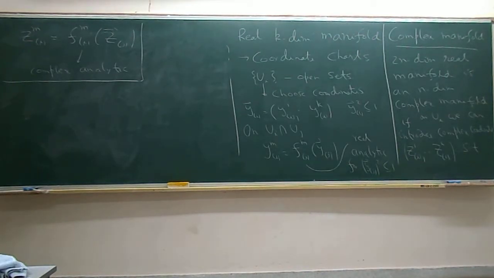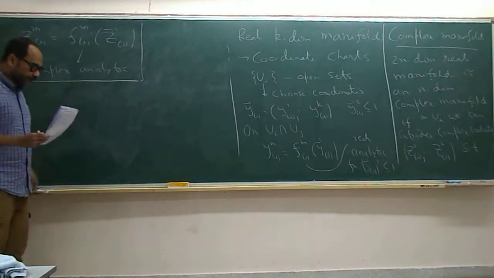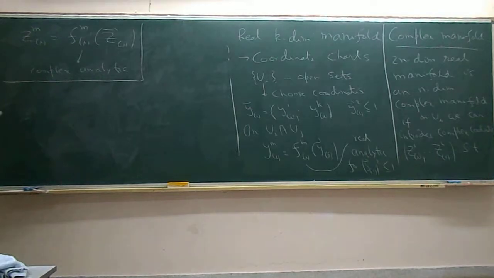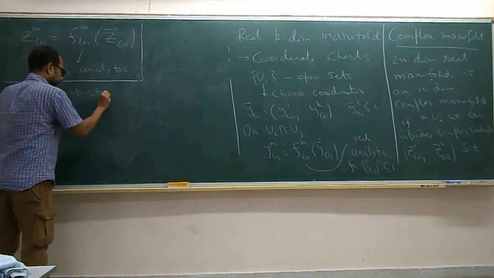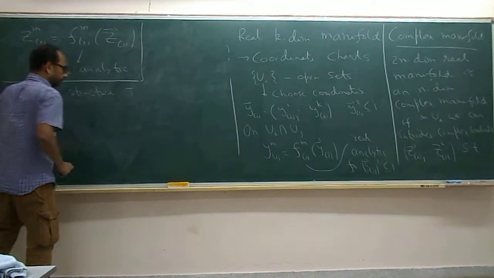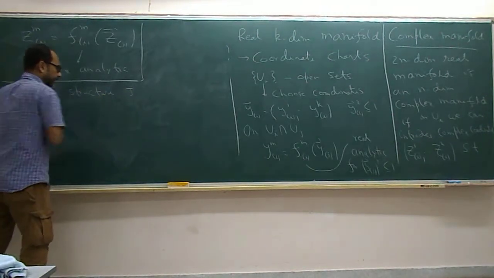Is this okay? So on a complex manifold, one introduces the notion of a complex structure, which plays an important role. Complex structure J. I'd like to define it more precisely.